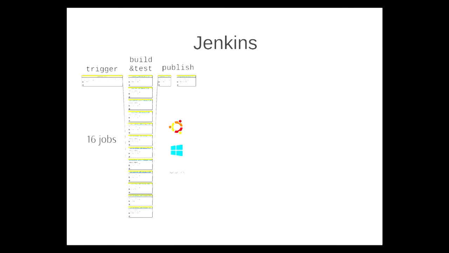We will have one executor for each of the artifacts. And at the very end, a publish job will collect all the artifacts from the build tasks, and it will publish them to Artifactory. And this is not just about 16 of the same executors, but we have to build on different slaves, like on OS X, on Windows, and also on Linux.